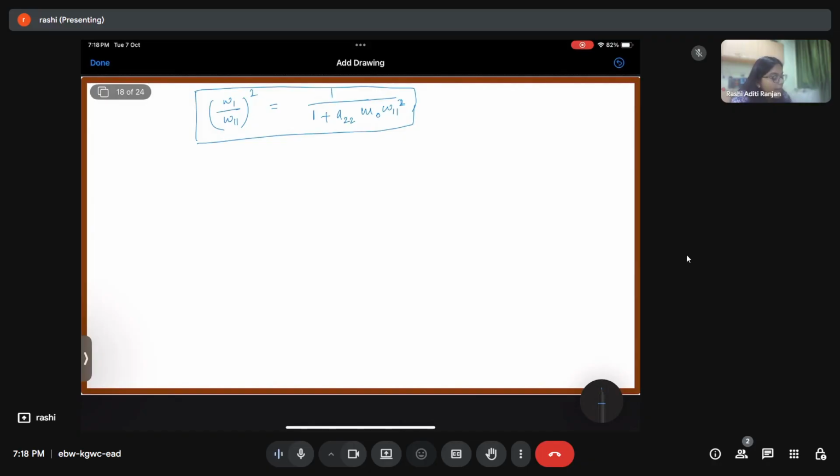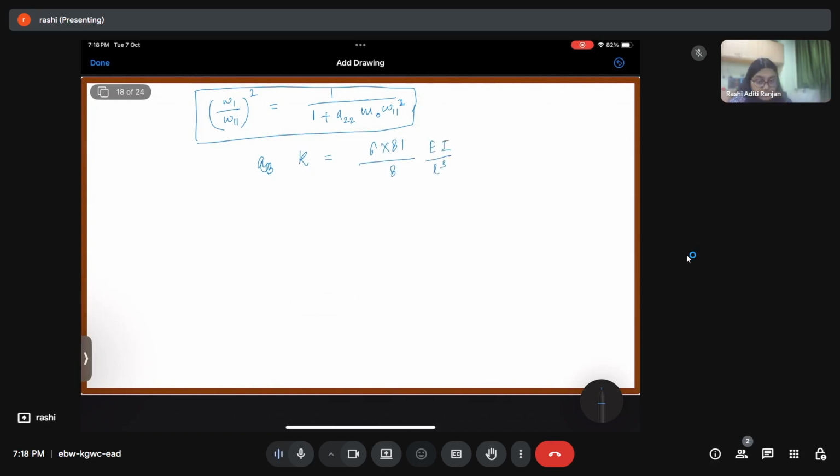Okay. And we need to find A22 as well. So, for a simply supported beam or a mass that is put on the beam at a distance L/3 from one end, you can just find out the stiffness K as nothing but 6 into 81 by 8 EI by L cube.